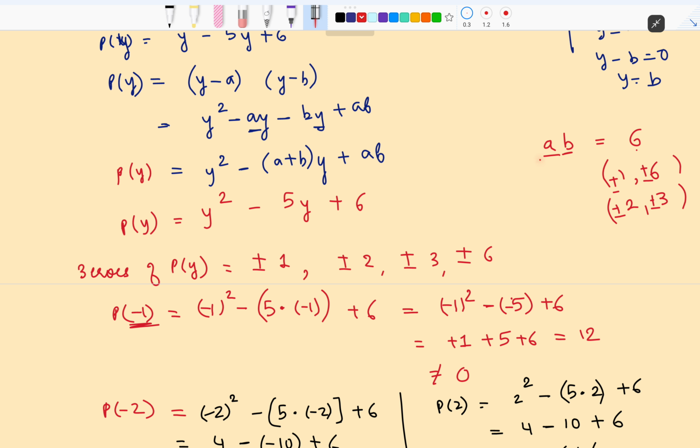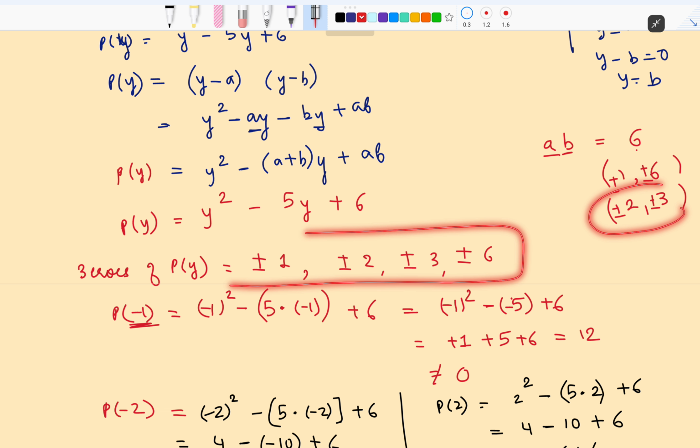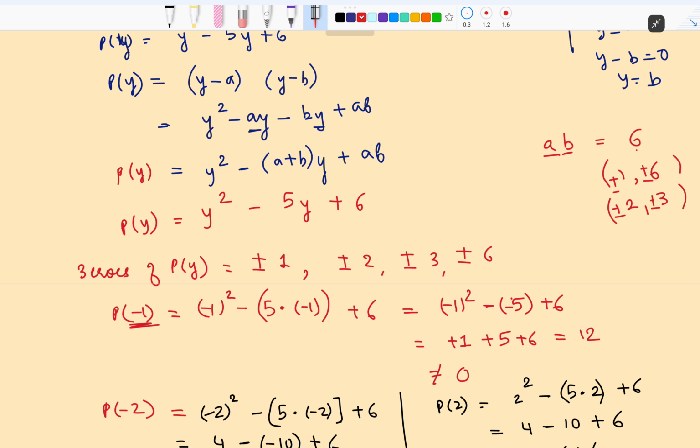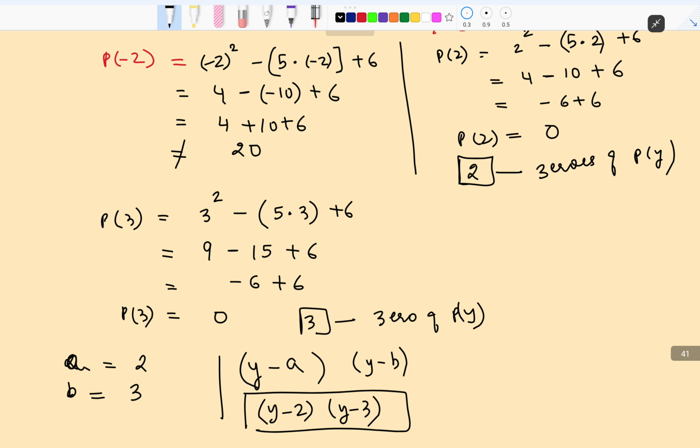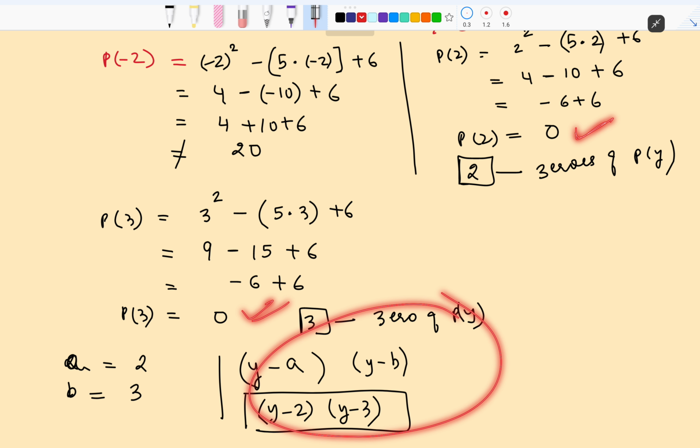So A and B have to be two factors of this number. वहाँ से आप different possible values of y निकालते हो, possible zeros. Then by hit and trial you put each value, and from whichever value your polynomial becomes 0, that is the zero of the polynomial. And if you know the zero of the polynomial, you have the factor of the polynomial.